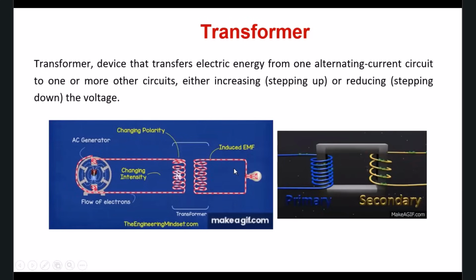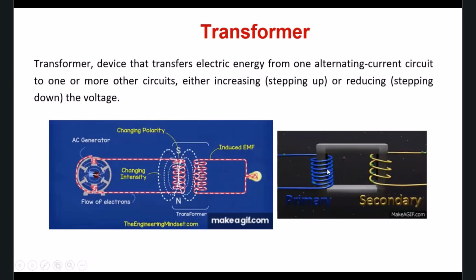It is a separate part, but due to mutual induction within the coil, the EMF generated at the primary side is also induced at the secondary side, and the current starts flowing in the second circuit.